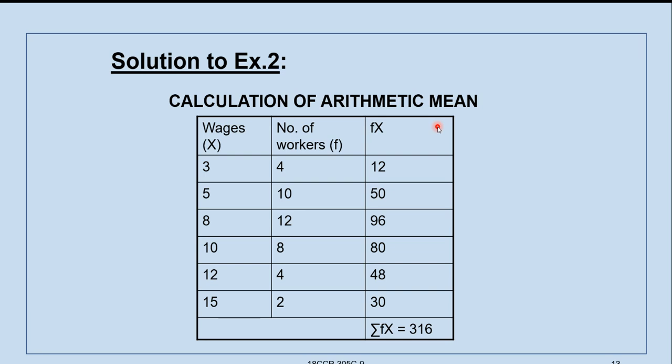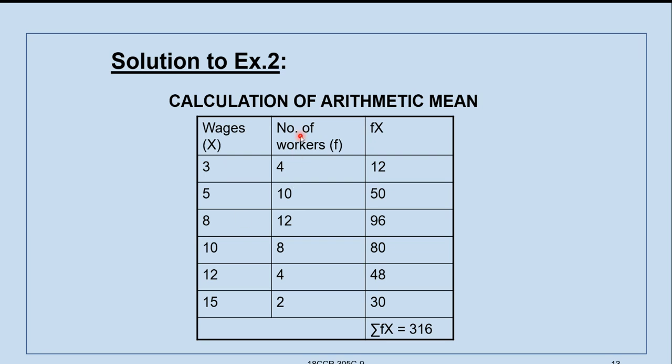The arithmetic mean is calculated according to this table. Again, we have taken a 3 column table. In the first column, capital X is taken, under which the actual observations given in the problem are taken. And in the second column, number of workers, that is frequency, f is taken.